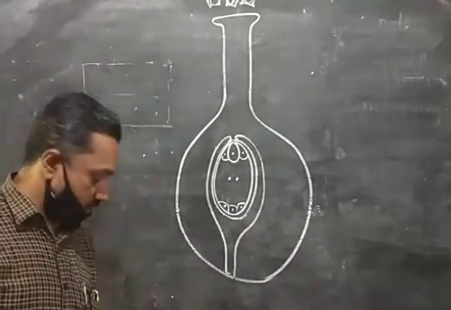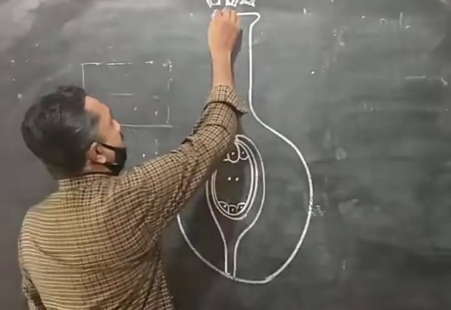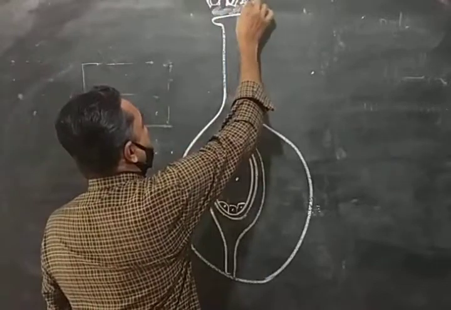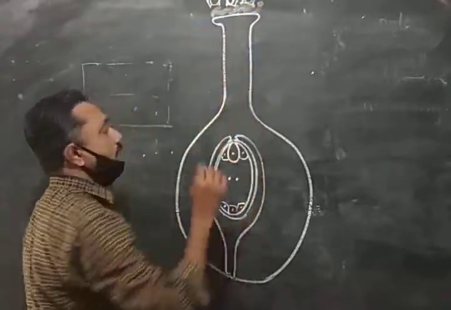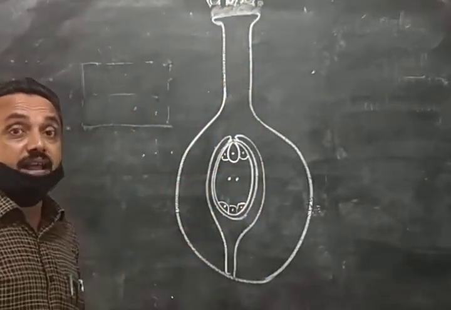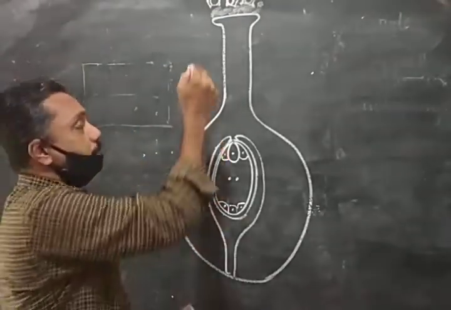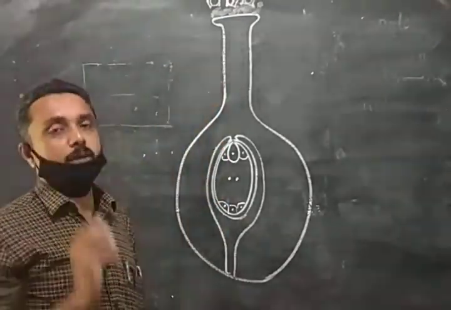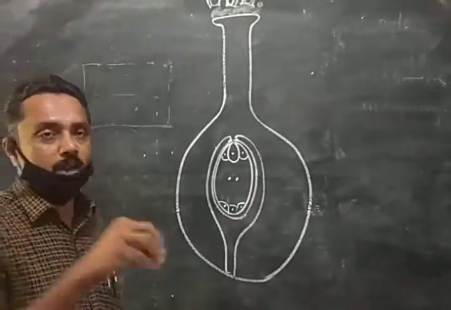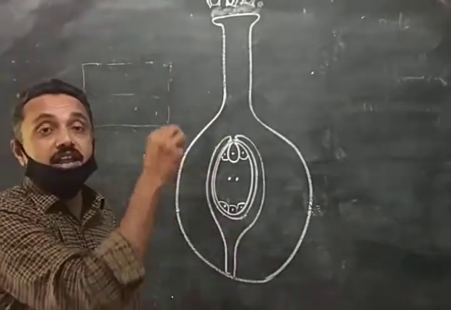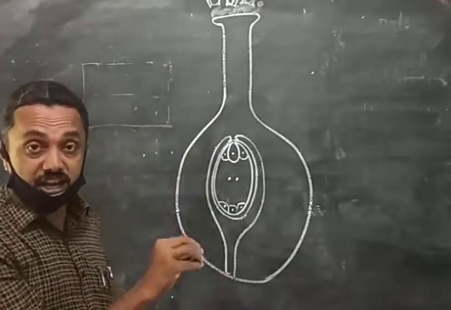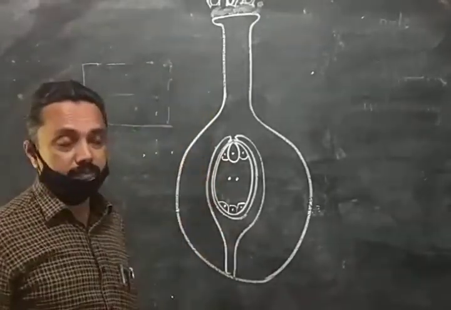The stigma secretes a sugar-like substance. The stigma produces a gum-like, honey-like secretion at the tip on the day of opening of the flower. So all the pollen grains fall on this sugar-like or honey-like secretion at the tip of the stigma.